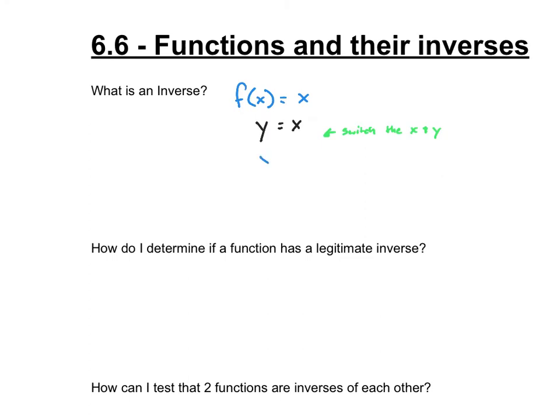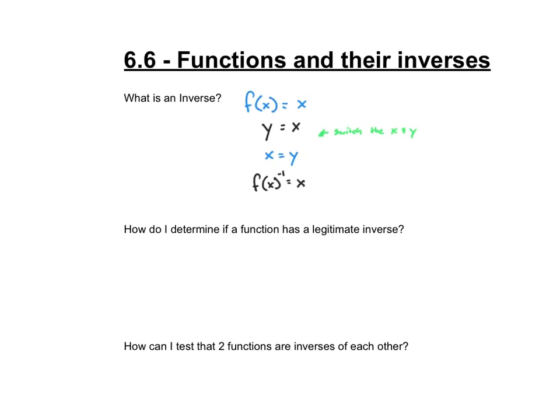So it literally looks like this, x equals y. And then you resolve for y, right? Now in this case, there's not much to it, because the inverse of x and y happens to be the same. But then we use function notation. We say the inverse is still equal to x. Now it looks a little different.